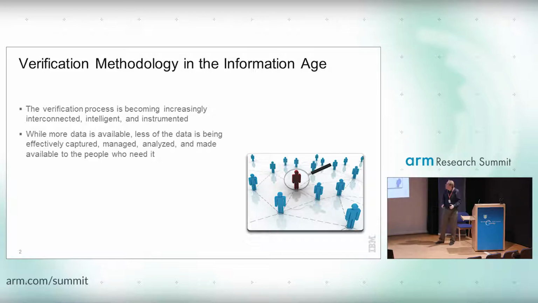So the verification process, as I said, is becoming increasingly interconnected. We have a lot of different processes, sub-processes of jobs that are running, that are doing smart things and are generating data. And while this data is available, nowadays it's not being used very much because, again, we have a lot of it.